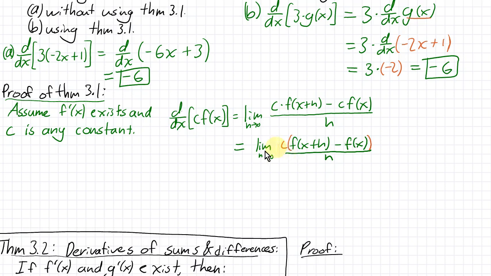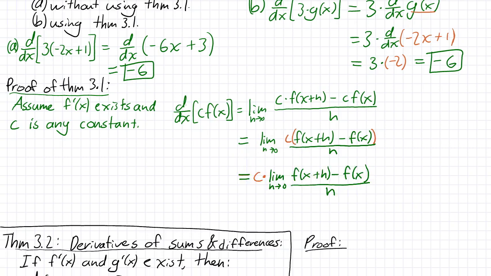In other words, you can take the c out of the limit like so. You're allowed to do that because this limit on the right exists, and how do you know it exists? Well, because we assumed it was a differentiable function in the beginning.